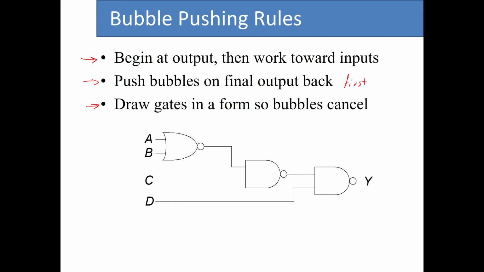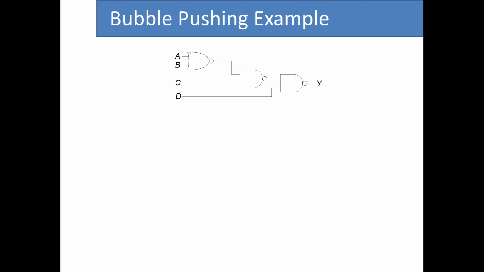We have A, B going through an OR gate. The result is going through an AND gate. And then finally we have another NAND gate that creates the final output Y. So if I want to write down the function here, sorry, this one is a NOR gate.